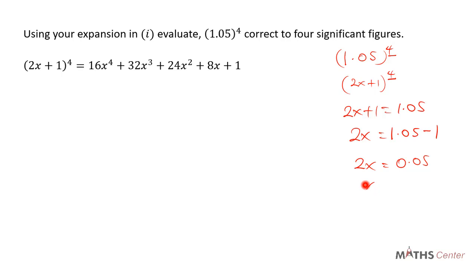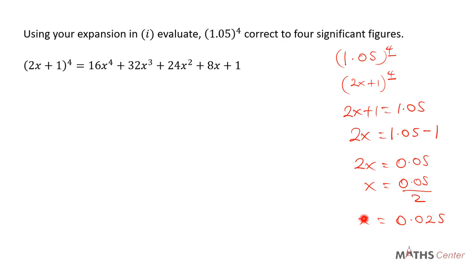Then to get x, we will divide both sides by 2. So we are going to have 0.05 divided by 2, and so x will be equal to 0.025.